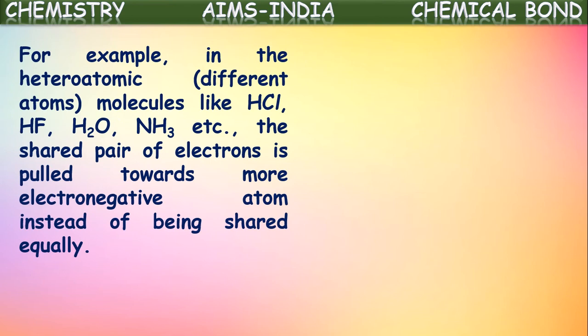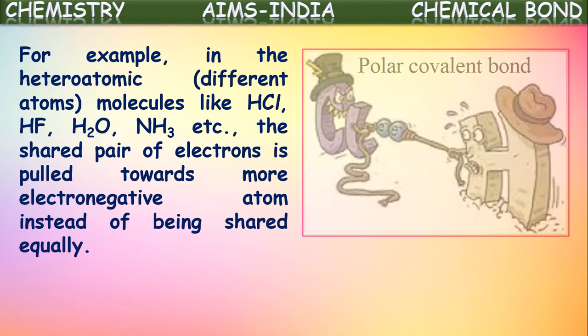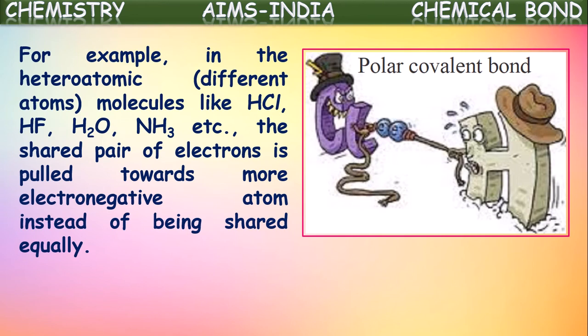Heteroatomic molecules means molecules which are made up of different atoms, or atoms of different elements, like HCl, HF, H2O, NH3, etc. Let us consider HCl itself. The shared pair of electrons between hydrogen and chlorine, instead of being shared equally, is pulled towards the more electronegative atom, chlorine.